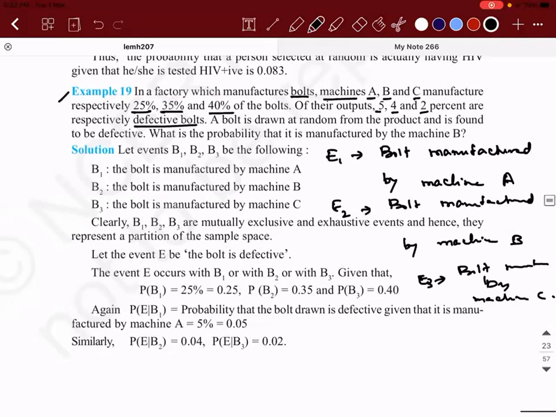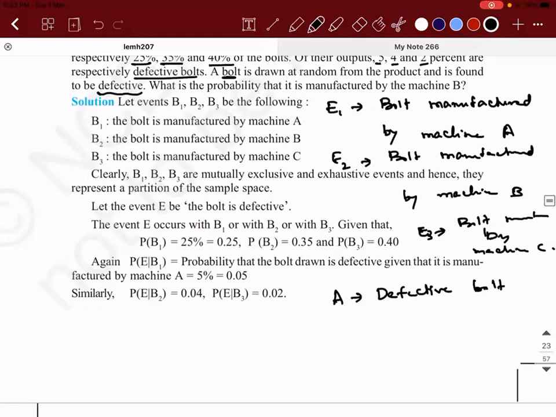Now, what is the event? A bolt is drawn at random. So, what is the event A that we are going to write here? A bolt is drawn at random from the product and is found to be defective. So, A is about choosing a defective bolt. Now, according to the question, what is the probability that it is manufactured by machine B?